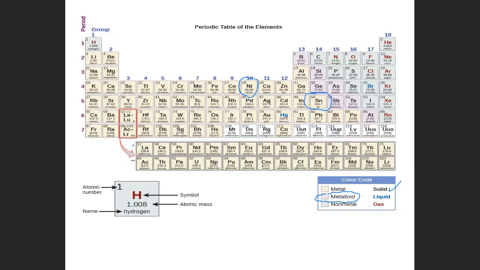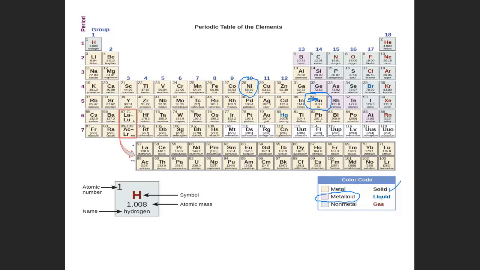That's when you are going to use your periodic table to find out the symbol, the same thing, the atomic weight, the atomic number. What is the atomic number? 50 is the number of protons. And then you're going to complete the color, if it's a metal, and so forth.